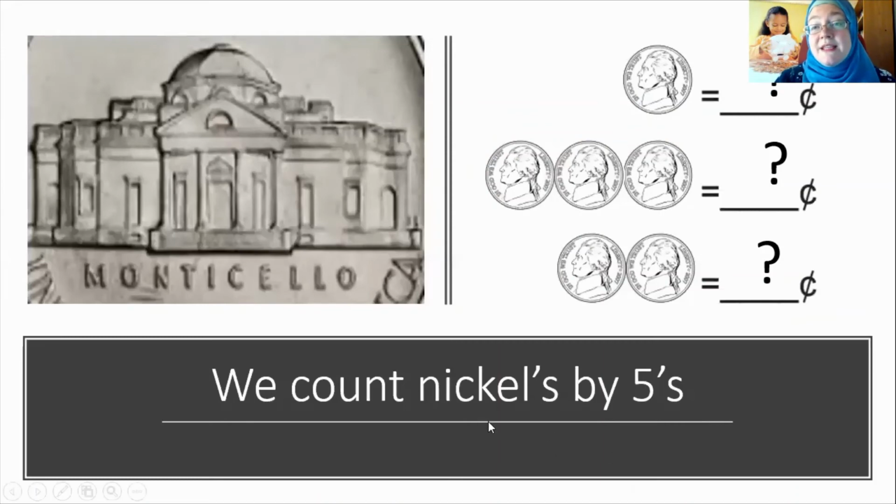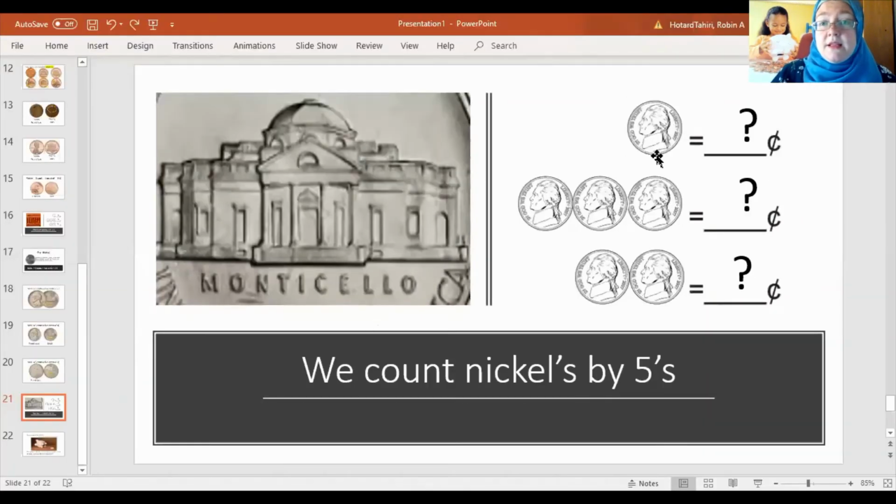Now, when we're counting nickels, remember, we can say on my first line, I see 1 nickel. Does that mean what my value is for the nickels? No, my count is different than my value. So I have 1 nickel, and that 1 nickel equals 5 cents. But what about, let's write that in there, 5 cents.